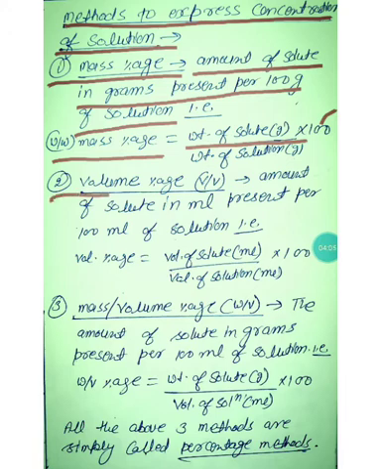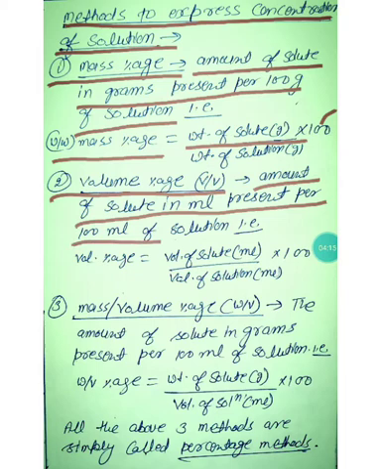Number 2 is volume percentage, and this is the amount of solute in ml present per 100 ml of the solution, which means the formula for volume percentage is volume of solute in ml divided by volume of solution in ml and multiplied by 100.